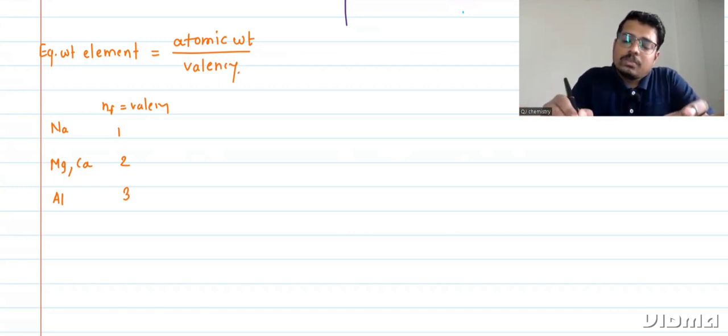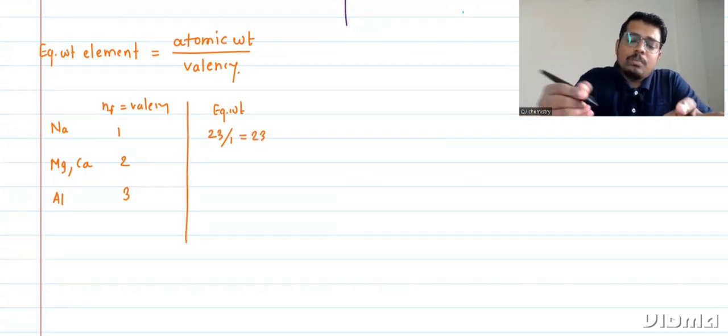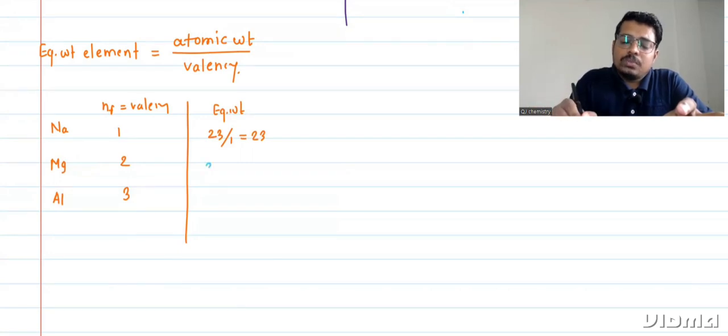So sodium, its equivalent weight is equal to atomic weight 23 divided by valency 1, so equivalent weight is the same as atomic weight. In case of magnesium, 24 divided by its valency 2, so equivalent weight becomes 12.